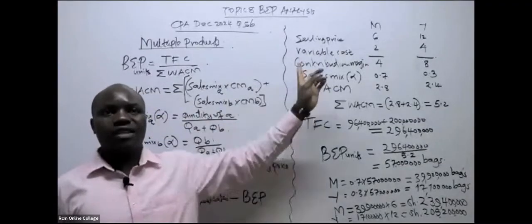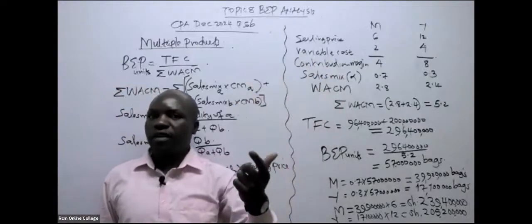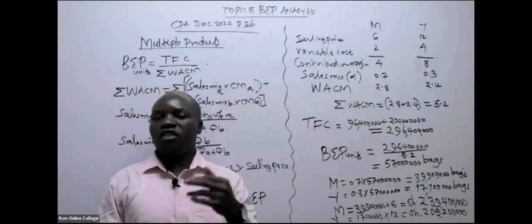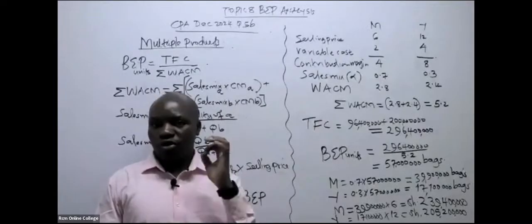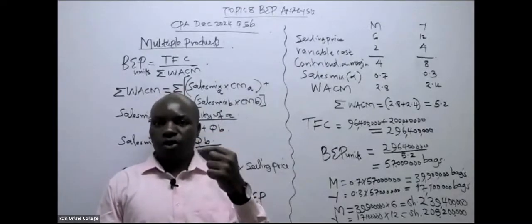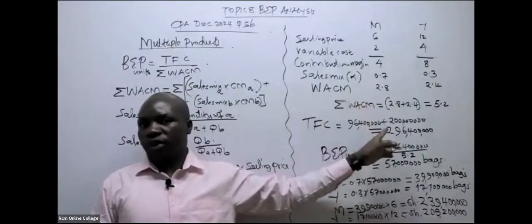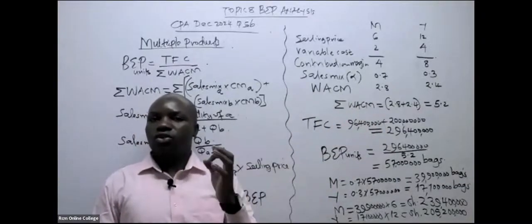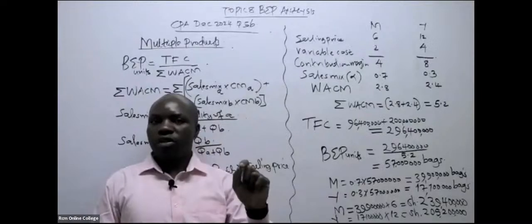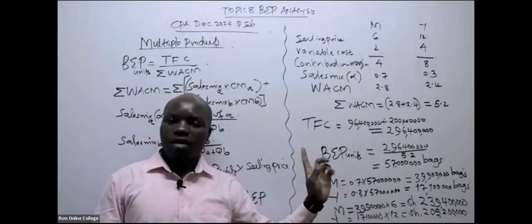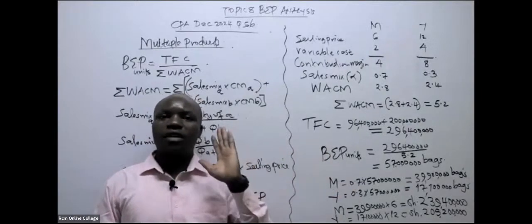That's why we took the sales mix ratio of 0.7 by 57 million to give us the quantity of product M at break-even point, and 0.3 for product Y to give us the break-even point of 17,100,000 bags of product Y.